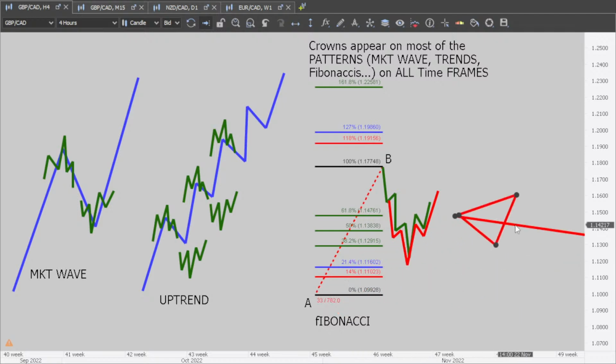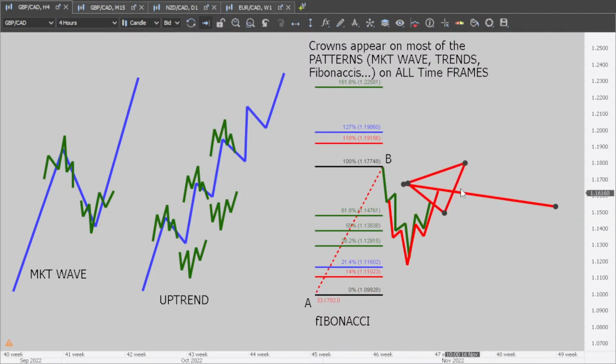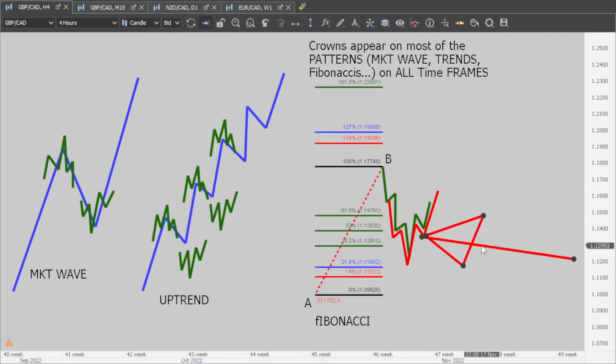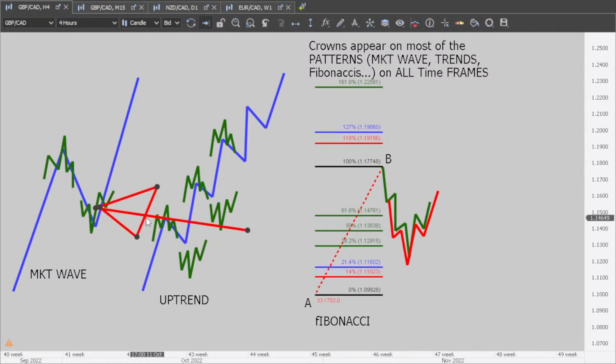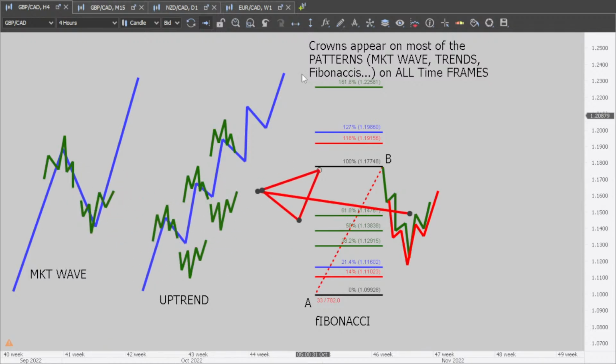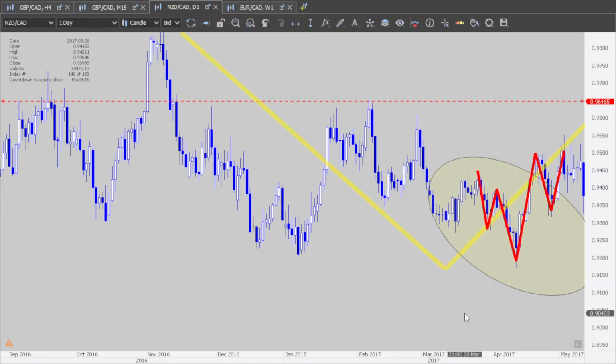So before it was trend lines, Fibonacci's, counter trend lines. Now you have one more. It's called the crown. You can use them on the market wave too. You can use them on short-term trend too. Okay? Julius, please boss, where are we going to see the crown, trading or confirmation time frame?